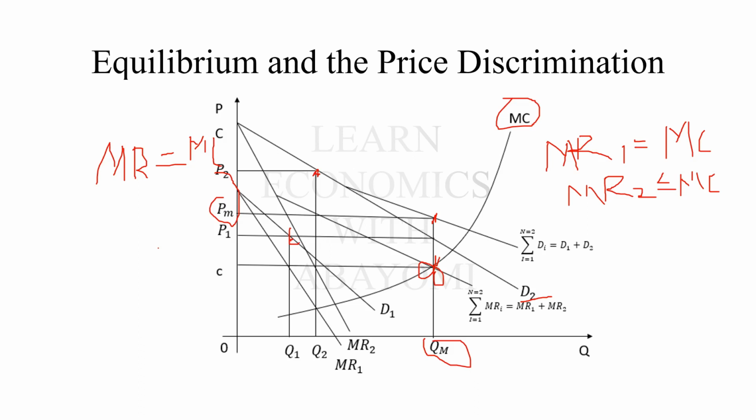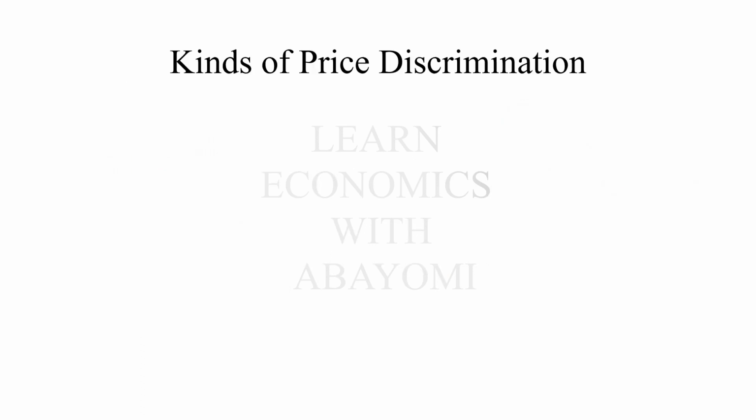So I hope you get the whole illustration. For the equilibrium points of price discrimination, the MR of the first demand is always equal to a common marginal cost. So I hope you get the whole thing. Now let's move on to the next segment of this video, where we'll be looking at the kinds of price discrimination.